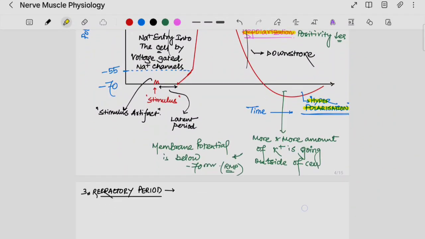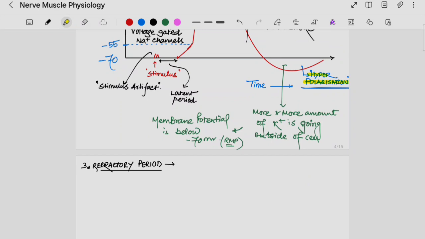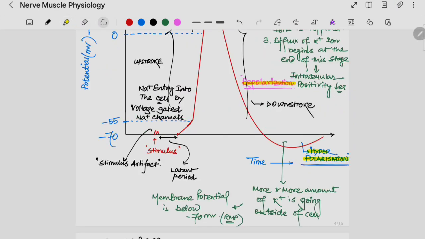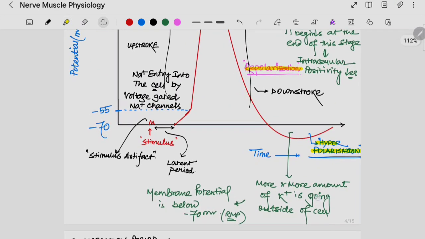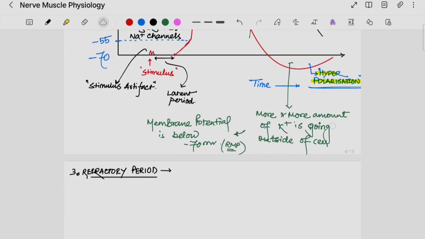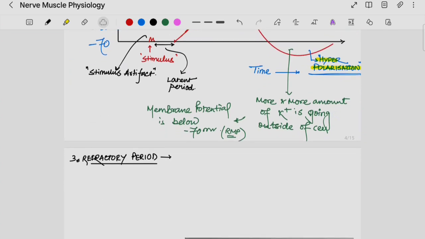Now we are moving to the very important concept of the refractory period. So what is the refractory period? During the action potential, the excitable tissue shows diminished responsiveness to an external stimulus. That period of diminished responsiveness is known as the refractory period.